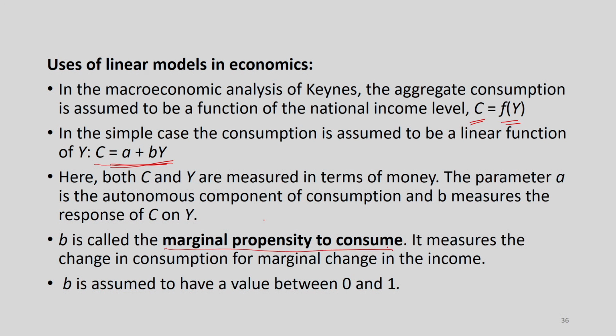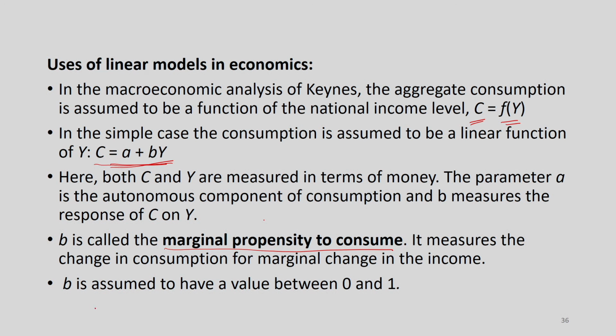It measures the change in consumption for a marginal change in the income. So, this is like the marginal product that we have seen before when we talked about the production function. Here it is called the marginal propensity to consume, the change in the consumption level when the income changes very marginally.